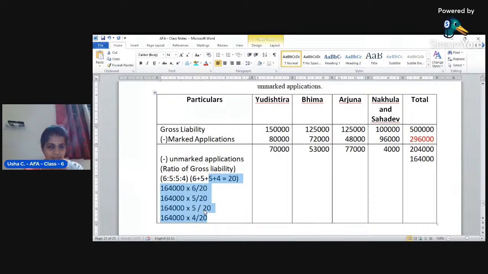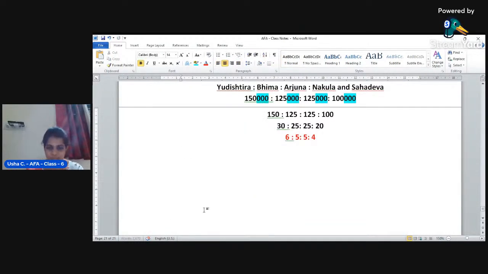We'll do one thing. We'll take all this under working note. Third one, calculation of individual underwriters' unmarked applications.